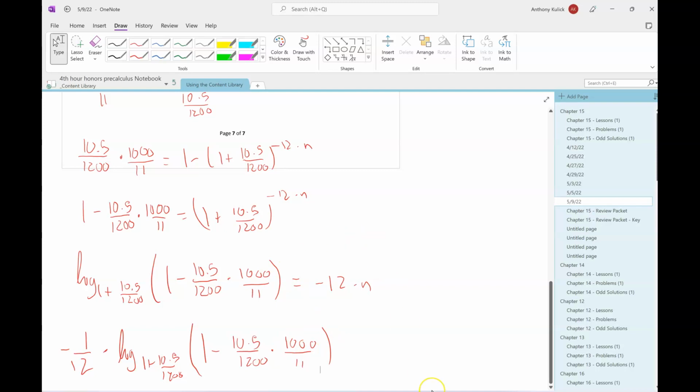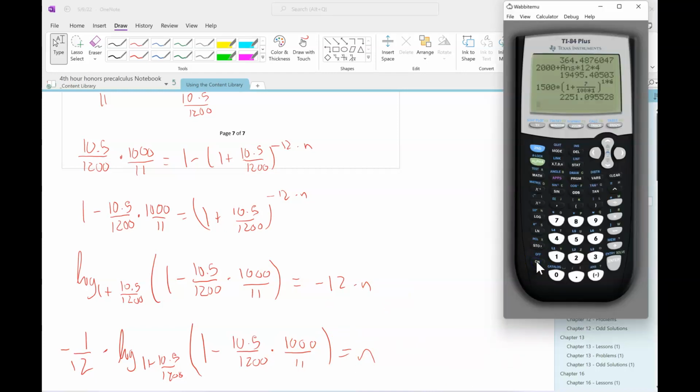I think that'll do her. Let's just see what we get here. So I have negative 1 divided by 12 times math log base 1 plus.